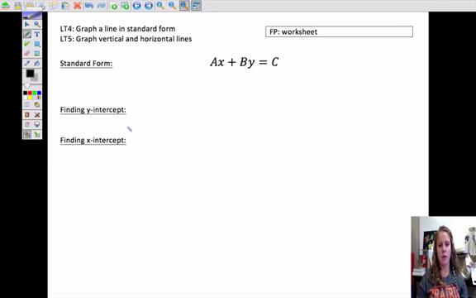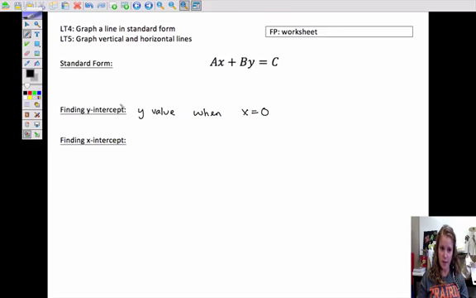Now let's talk first about what a Y-intercept is. Write a quick definition. What's the Y-intercept here? The Y-intercept, if you remember from the videos before, is the Y value when X is 0, when X equals 0.